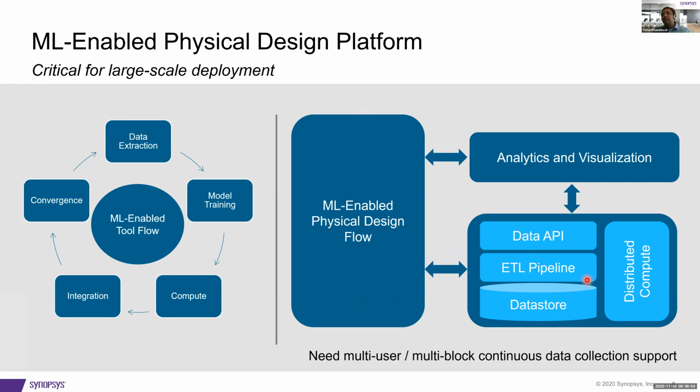And you need to somehow be able to plug into a distributed compute, right? It could be an on-prem cloud or an AWS cloud or a Google cloud, but you need this platform to be there. And you really need to think about multi-user, multi-block, and continuous data support here. So these platforms are critical because once you get all of these details right, that's really when you can say that you truly have an ML enabled PD flow.